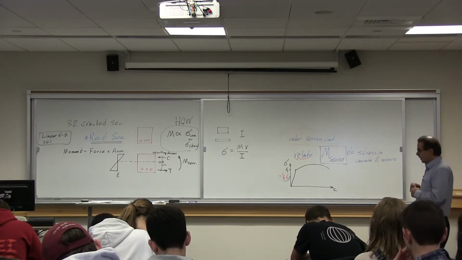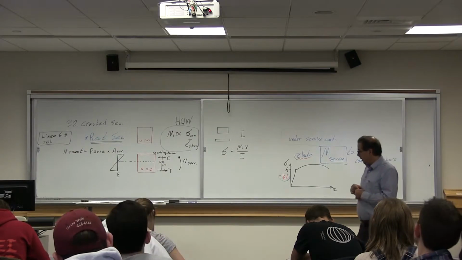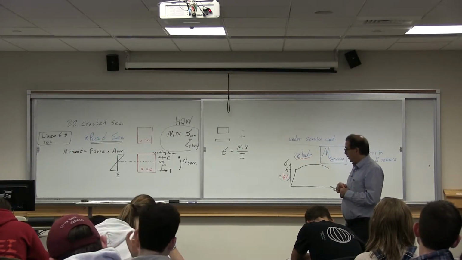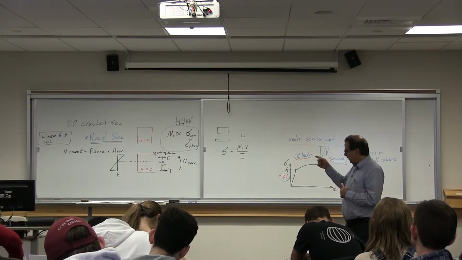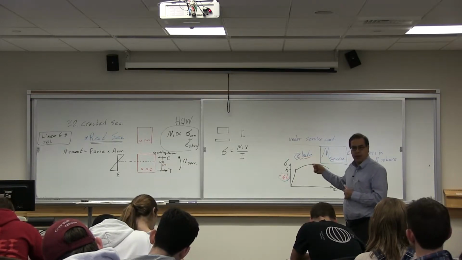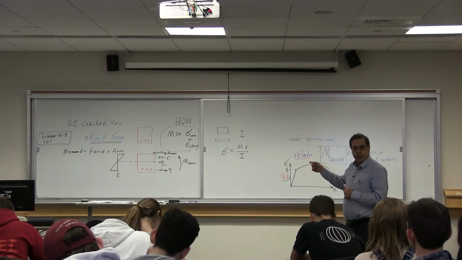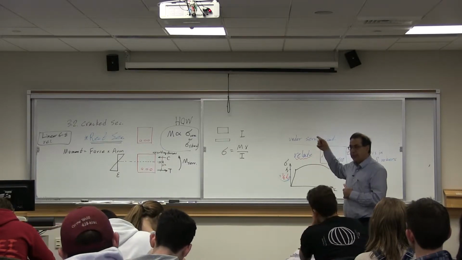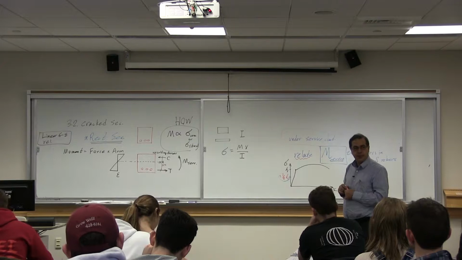What we want to understand a little bit better is, in terms of the tensile force, obviously the force is at the location of the rebar. The question is, where is the compressive force?